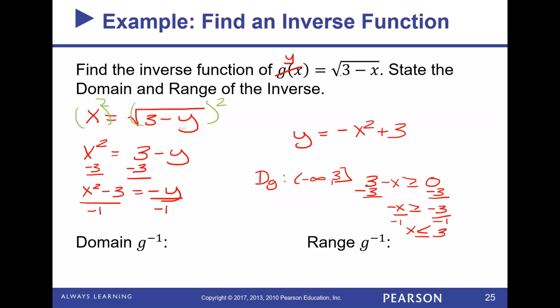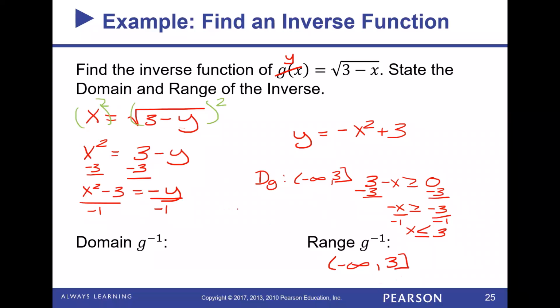Remind yourself, this is a positive 3, so we are shifting to the left 3 units. Okay, so that's my domain, and that domain has now become the range of the inverse.